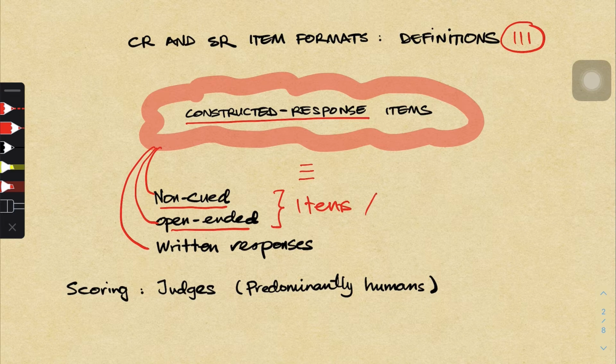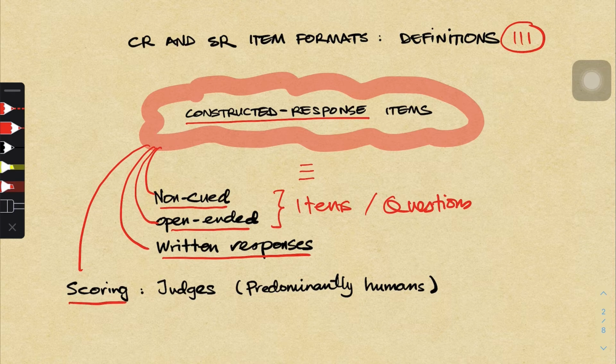Items means questions, right? And in the answers, the students have to write their answers. They have to give a written response. One feature of the constructed response items, the CR questions, is that in the scoring, we use judges.